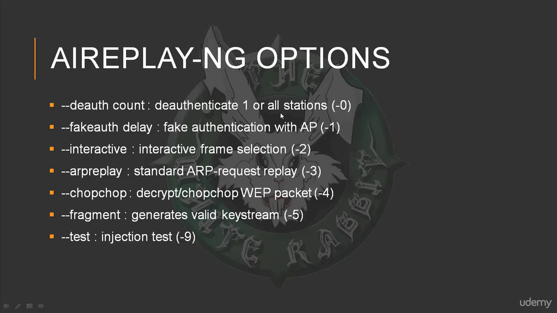This is useful in certain attacks because then you might expect that the stations will try to reauthenticate, and that traffic could be valuable for certain attacks. There's other things as well, but for now we want to focus on --arpreplay or -3, --chopchop or -4, and --fragment or -5.